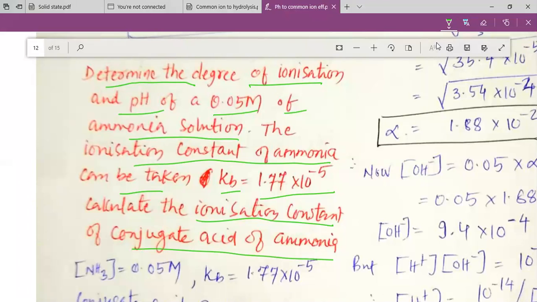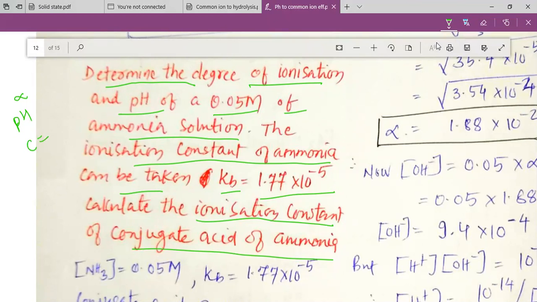So here you need to see what things you are given. Determine the degree of ionization and pH. So first of all, you need to find out the degree of ionization. Then you need to find out the pH. Then you are given the concentration C, that is 0.05 molar ammonia solution.